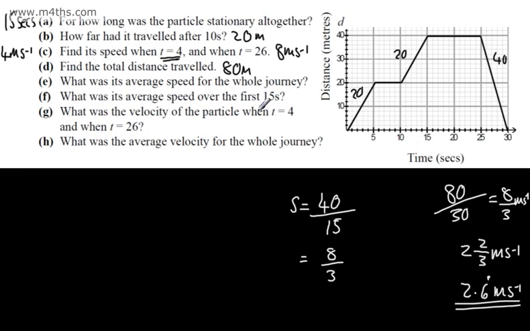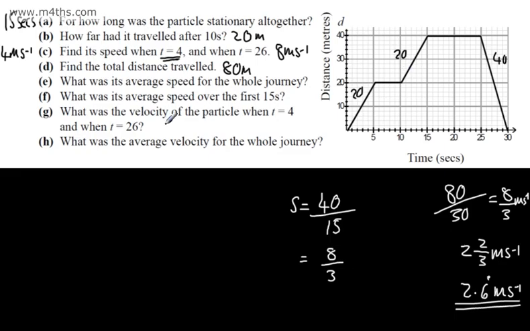So we could say now at t equals 4, it would be positive 4 meters per second. The velocity in the second part, when we've got 26, this would now be negative 8 meters per second. So all we're doing now is looking, if we've got the change in the distance divided by time and it's negative, our velocity will be negative.